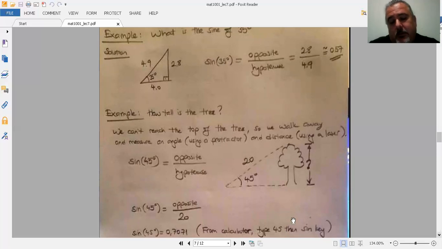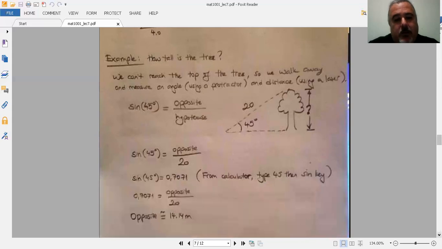You can switch it to scientific mode. So by using the calculator, when I type 45, then click the sin key, it will give me this result, 0.7071. So when I put it into this equation, the opposite side will be 14.14 meters. So we can easily find this height.